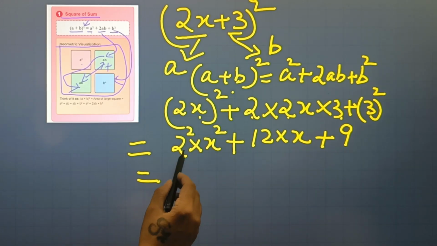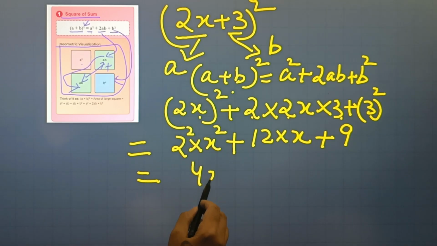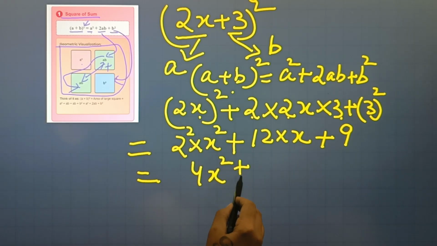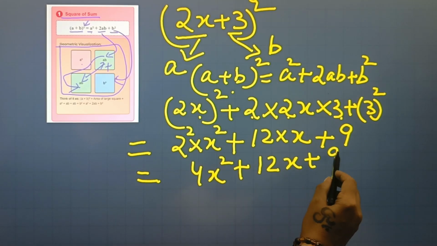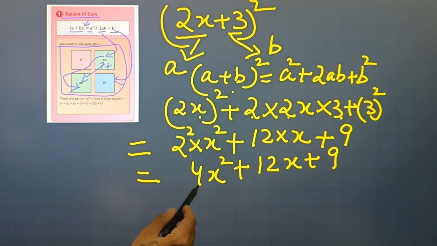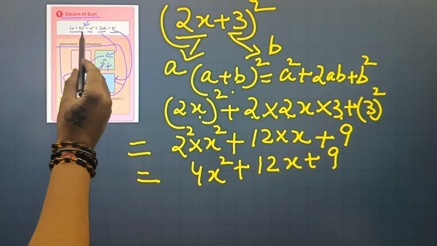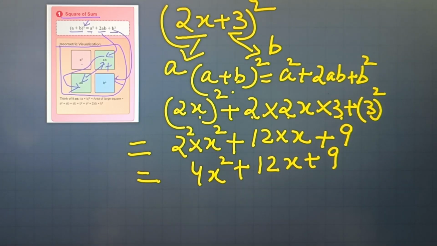So this equals 2 raised to the power 2 is 4x² plus 12x plus 9. So this is the application of (a + b)².